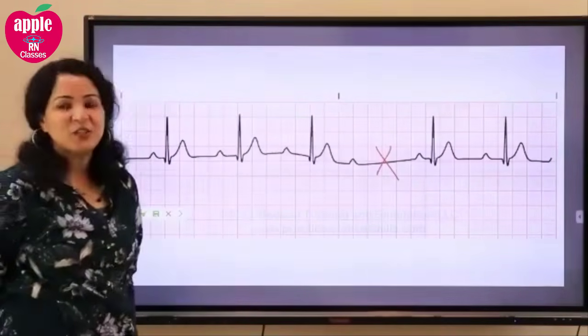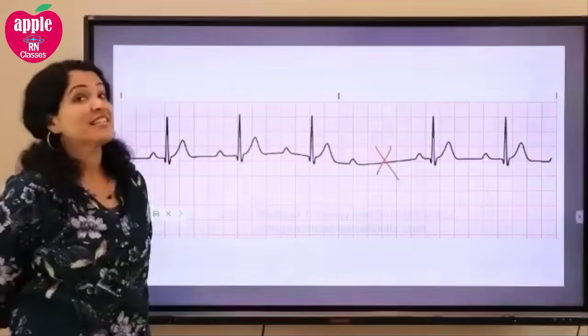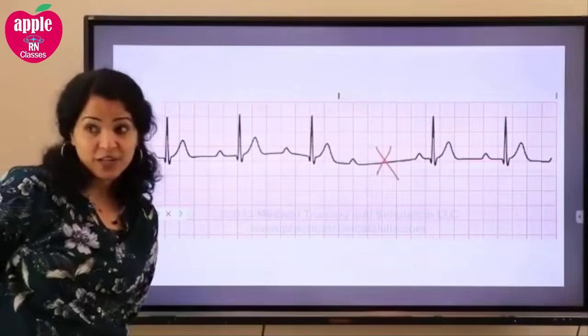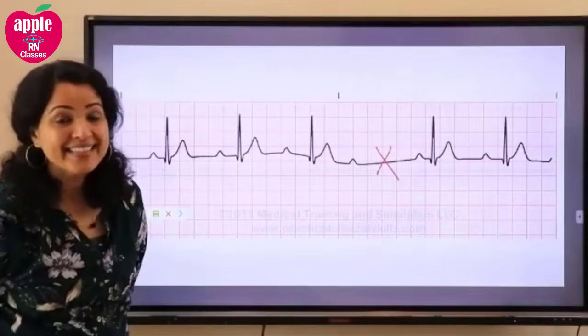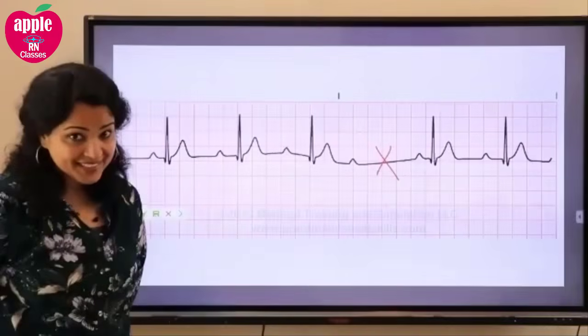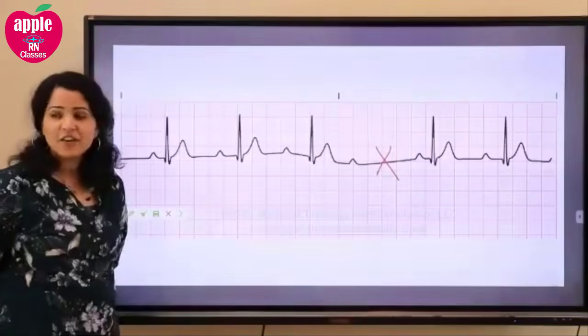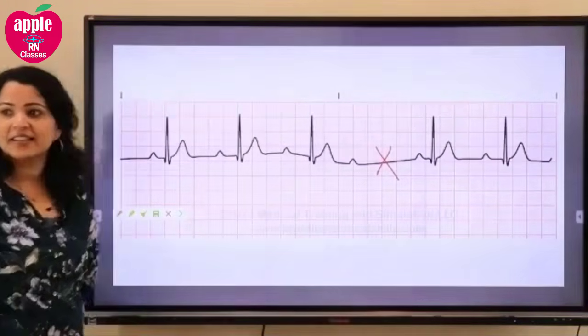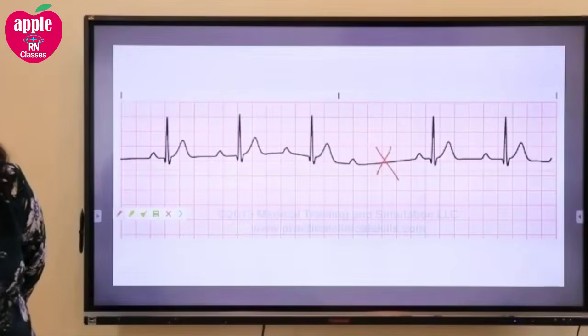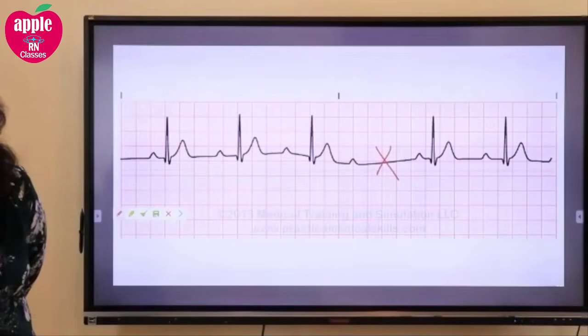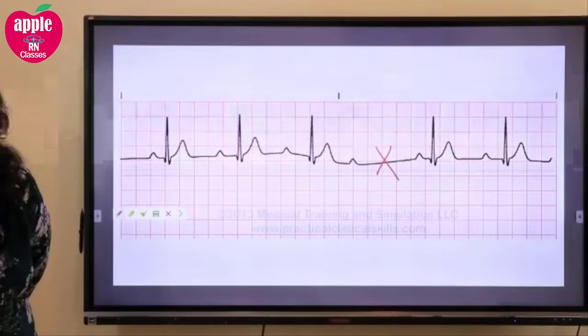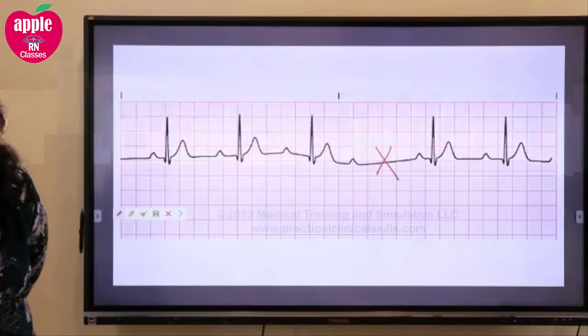Second degree, sure, this is second degree. Which type? How do we know? We will look at the PR interval. Good job. So how does the PR interval look? I see some of the answers coming. Okay, second degree, type 1.